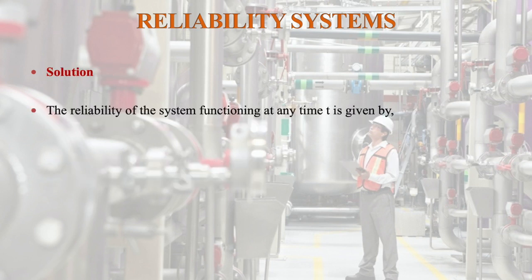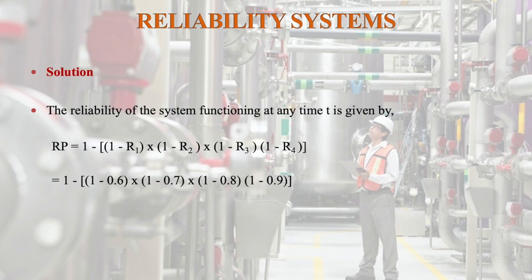Solution. The reliability of the system functioning at any time t is given as Rp, that is equal to 1 minus R1 into 1 minus R2 into 1 minus R3 into 1 minus R4. Here we substitute the values, then we get 1 minus (1 minus 0.6) into (1 minus 0.7) into (1 minus 0.8) into (1 minus 0.9), and we get the overall system reliability Rp is equal to 0.9976.